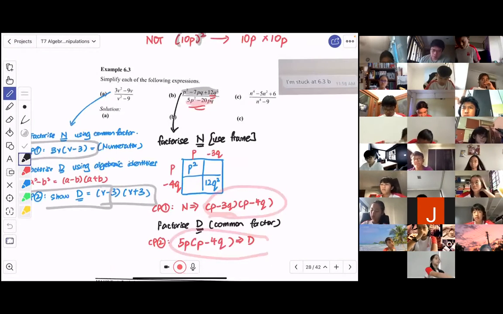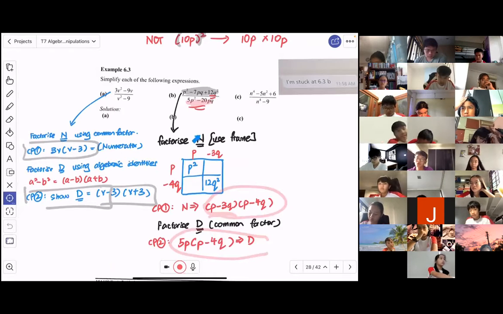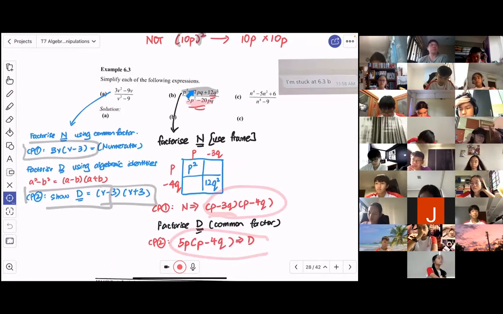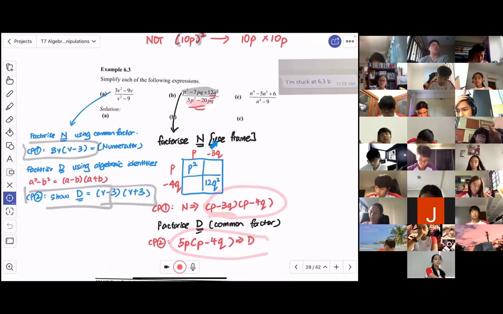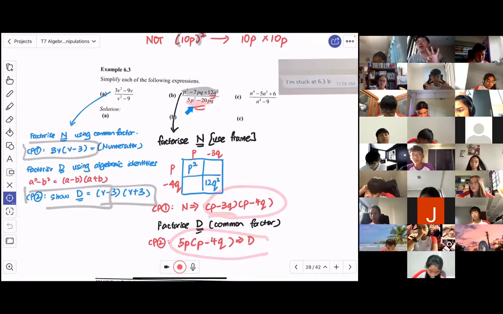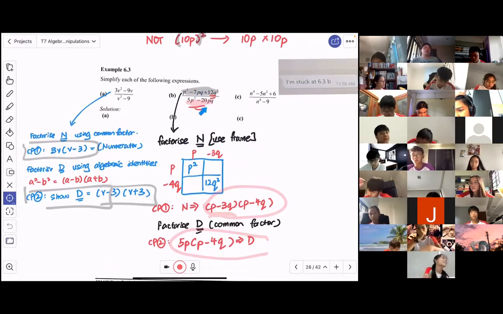Okay, 6.3b. So Nabil, what you do is very simple. You factorize the numerator. You factorize using frame because you see 3 terms, right? Likely if there are 3 terms, it's frame, because there are the 2 quadratic terms and 1 center term for you to use frame.